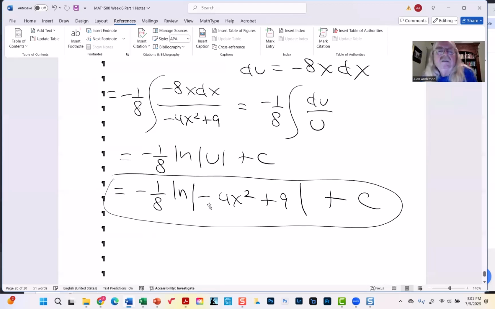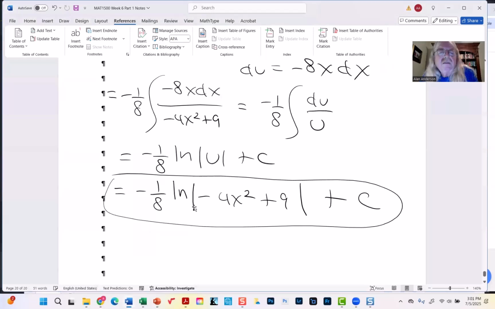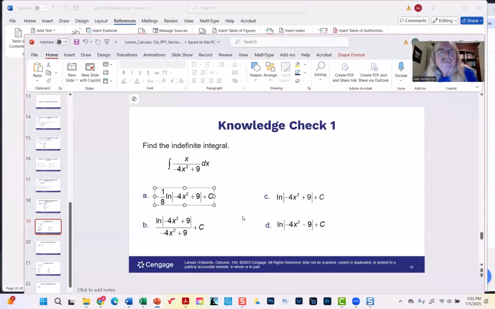All right, there we are. So it's negative 1/8. Yeah, it looks like it's A. Yep, that's A. Okay.